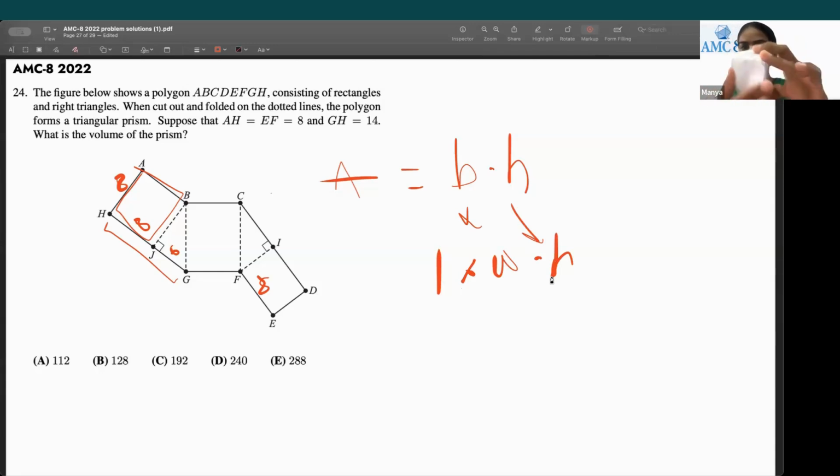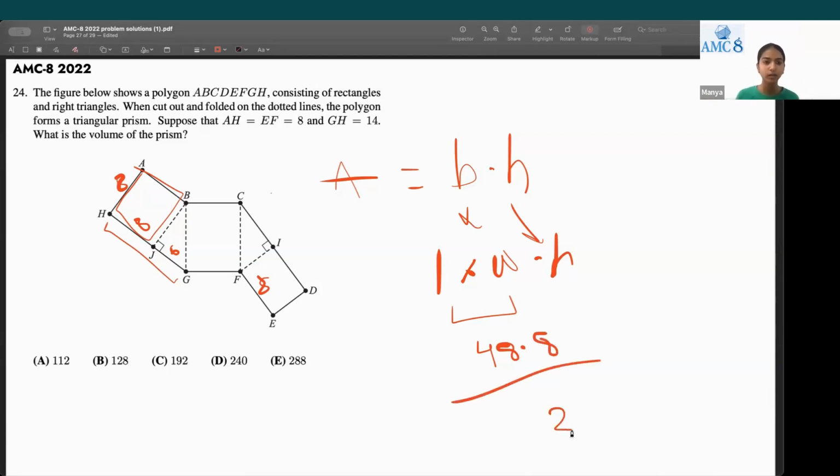So 6 times 8 gives us 48. And 48 times 8, and this is one of the triangles here, so 48 times 8 divided by 2. We have to divide by 2 since it's a triangular prism. We'll have to do 24 times 8, which gives us 192.